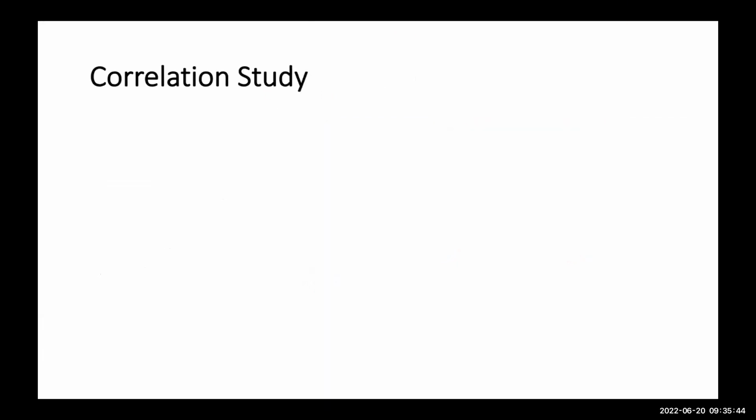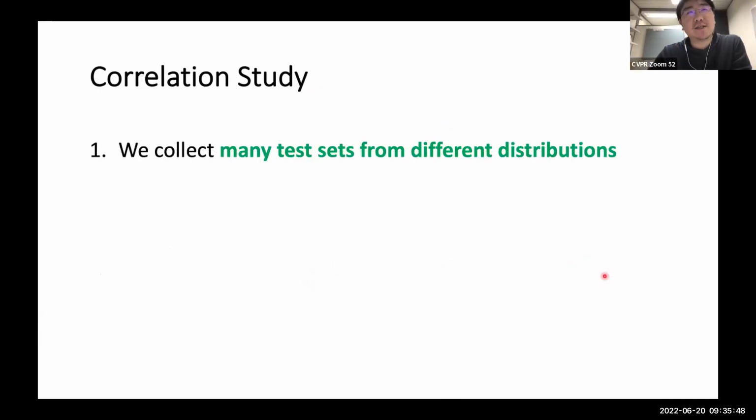Now we want to do a correlation study between dataset distribution shift and the model's accuracy. To perform this study, we first collect lots of test sets from lots of different distributions.